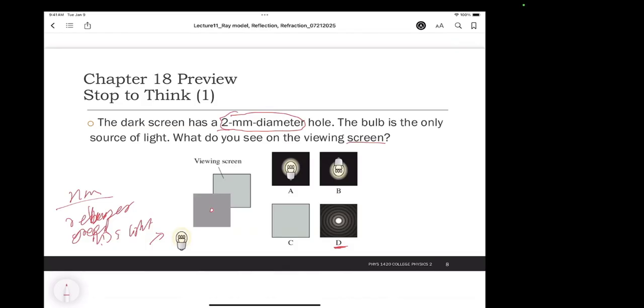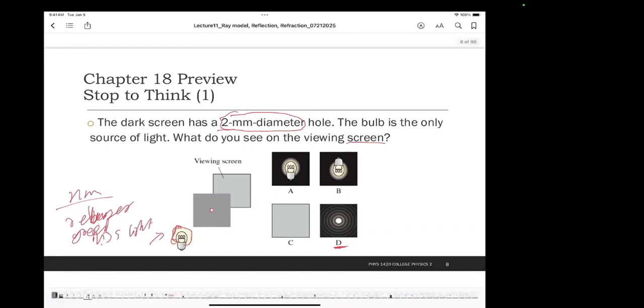But here, the light source is a bulb. So you cannot use what we learned in chapter 17. We will learn something in this chapter, and you will know the right answer.